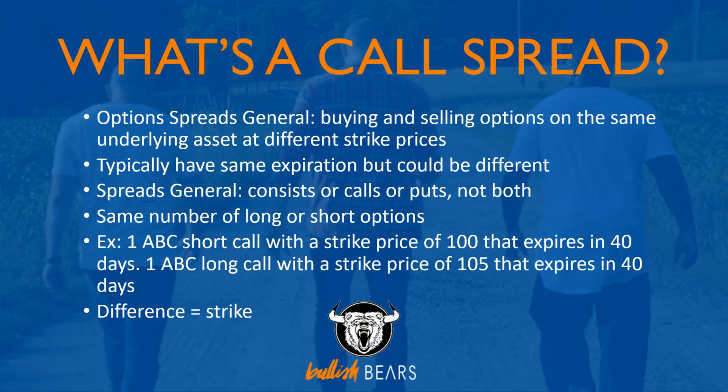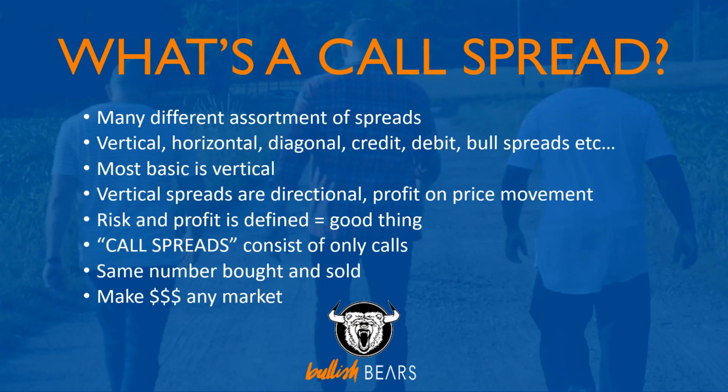So you'll see you're not buying, let's say, two short calls and one long call, or one short call and two or three long calls. In this strategy, you're buying, again, 1 and 1, 2 and 2, 3 and 3, 5 and 5, 10 and 10. They're just equal, the number of contracts on both sides.